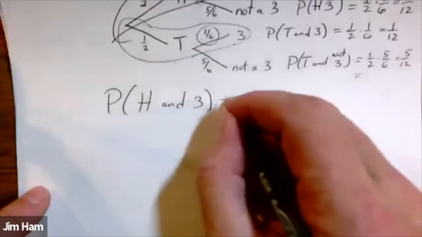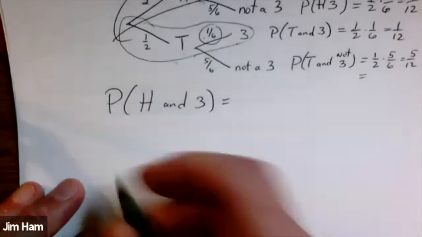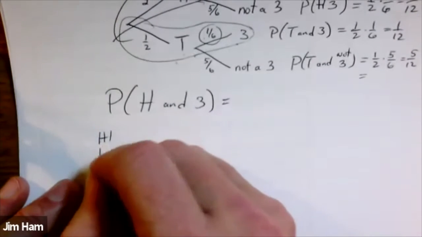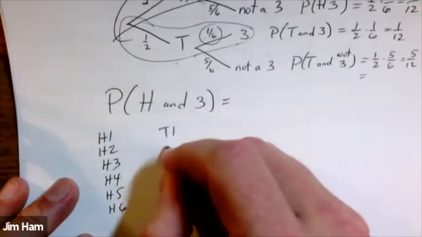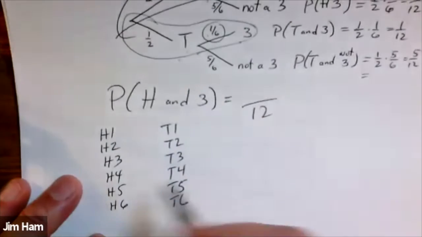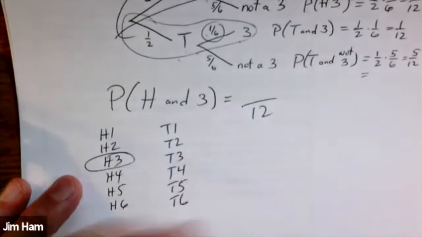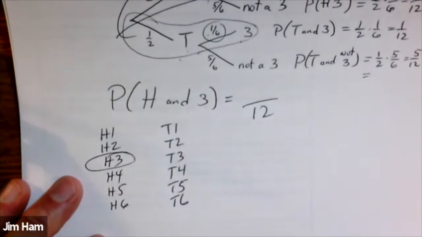Well, we know what the experiment is. We're going to flip one coin, we're going to roll one die. We could actually write down all the outcomes. Here are the 12 outcomes. There they are. When you flip a coin and roll a die, those are the only 12 outcomes you have. So out of the 12 outcomes, how many of these are both head and 3? That one, just one.